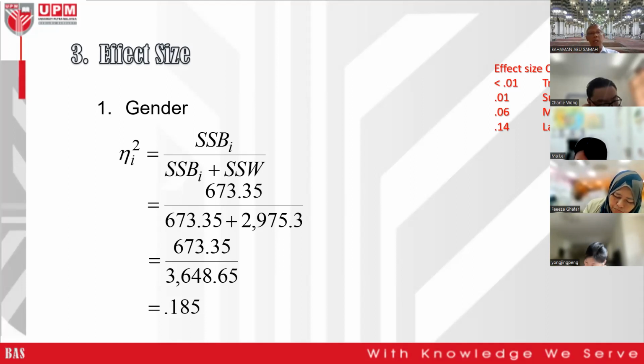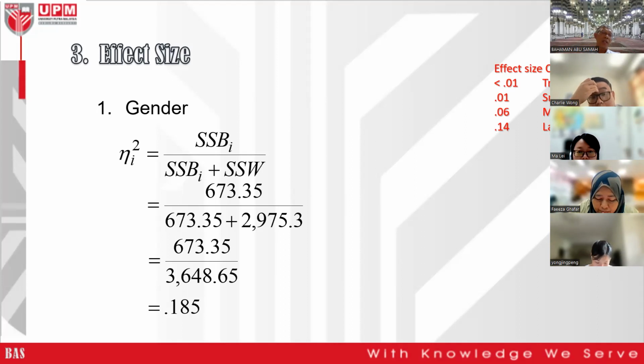Or we can interpret by percentage of variance explained. In this case, if you want to interpret by percentage of variance explained, Faiza, what can we say? In terms of size, it is large. In terms of percentage of variance explained, what can we explain? 18.5% of the variance in job stress is accounted for by the principal's gender.